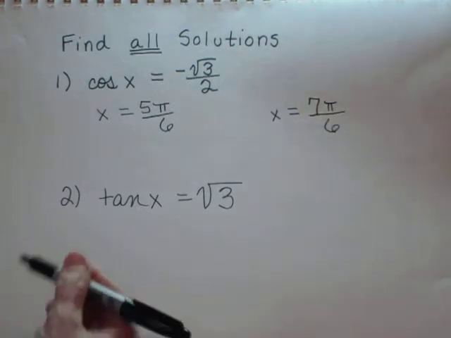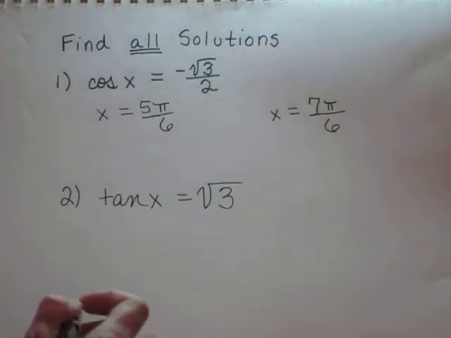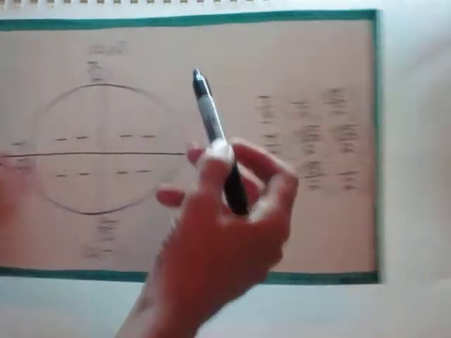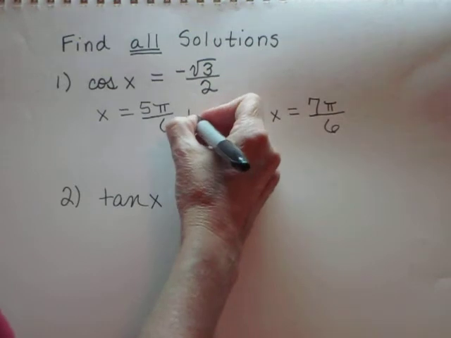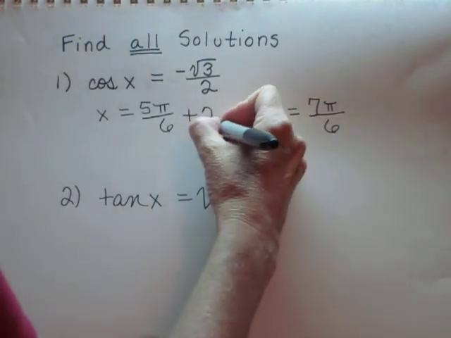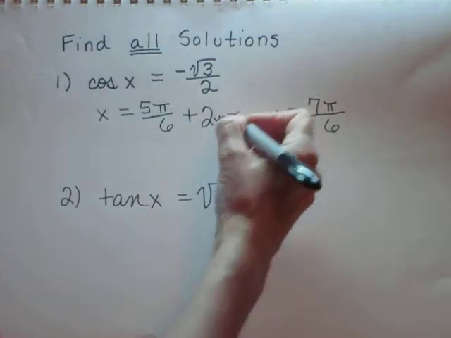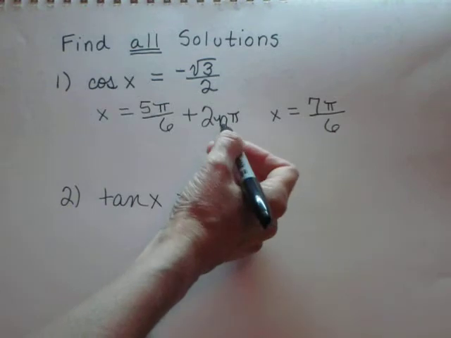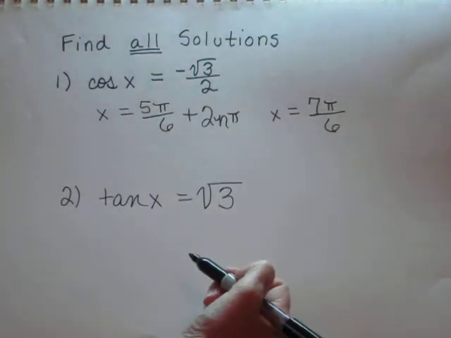And since we're going to find all of the solutions, what we have to do is, remember, you're just going to go all the way around the circle, which is 2 pi. You're going to take your angle and add 2n pi to that. And what that does is it's just going to take 5 pi over 6 and spin it around the circle forwards and backwards, 2 pi, and get to every angle that works.